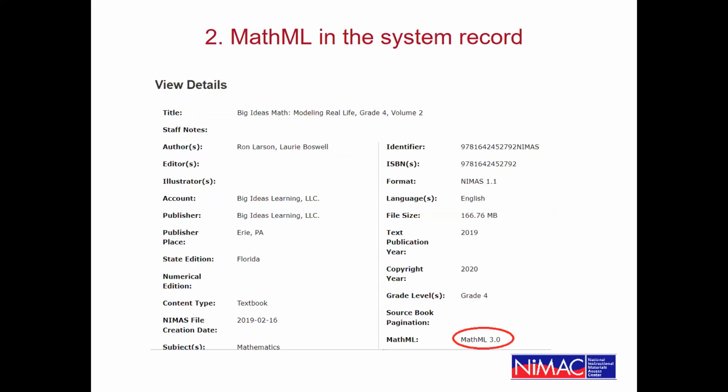If you're looking at the system record, and when we take a look I'll show you how to look at the detailed record, we also have this metadata in the system itself. If you do not see a MathML entry in the second column at the very end of the metadata, then there's no MathML in the file, and you don't have to worry about it.